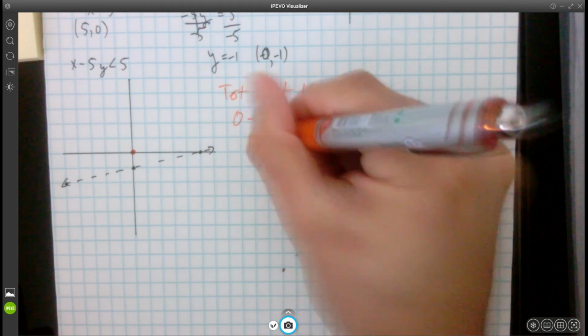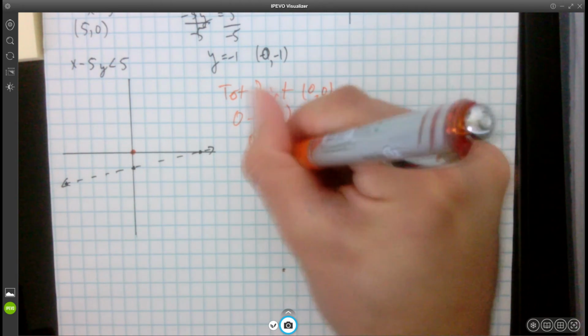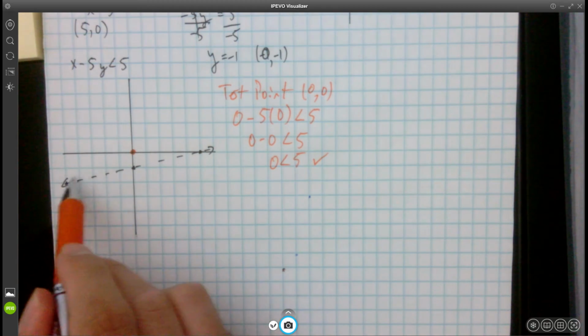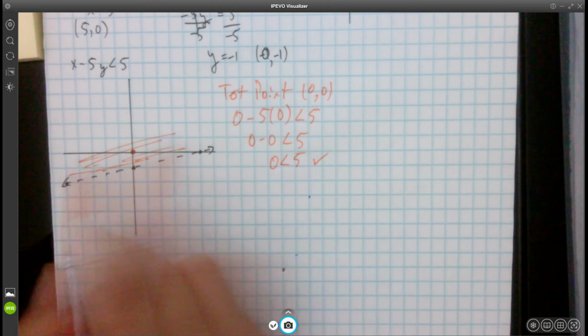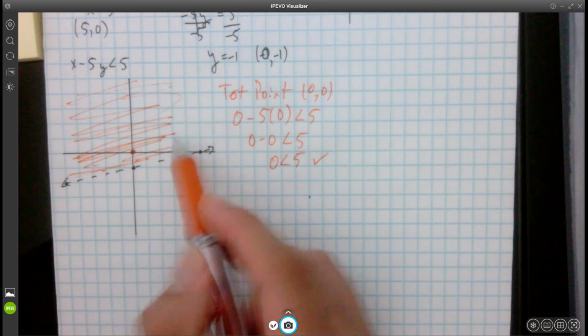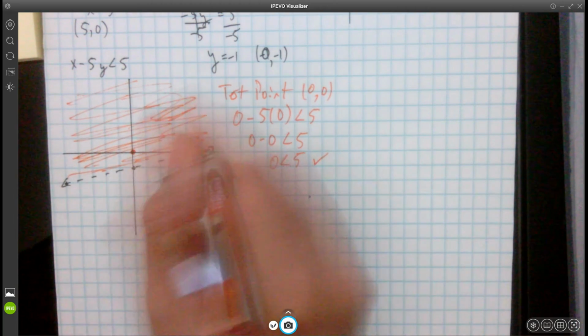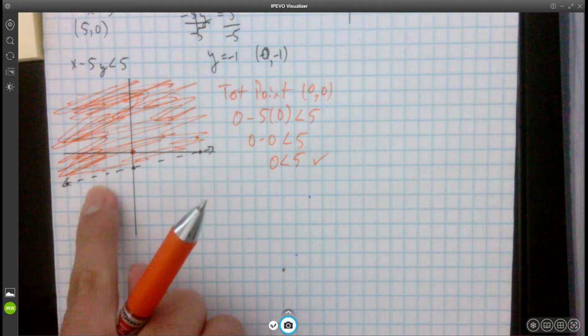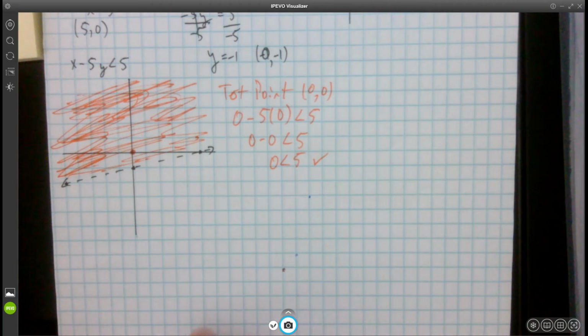It looks like it's going to be a true statement. 0 is in fact less than 5. So we shade in everything on this side right here. We shade in everything above the line, and we make sure that it's a dashed line. Okay.